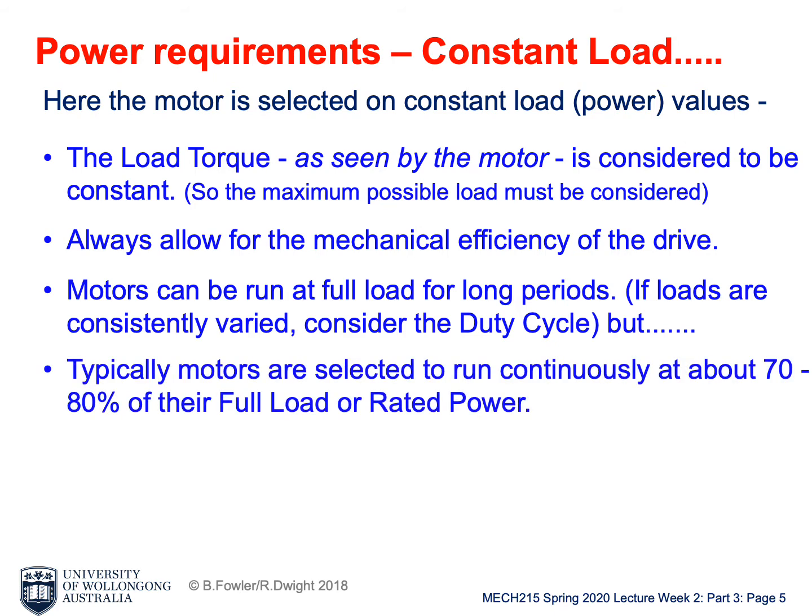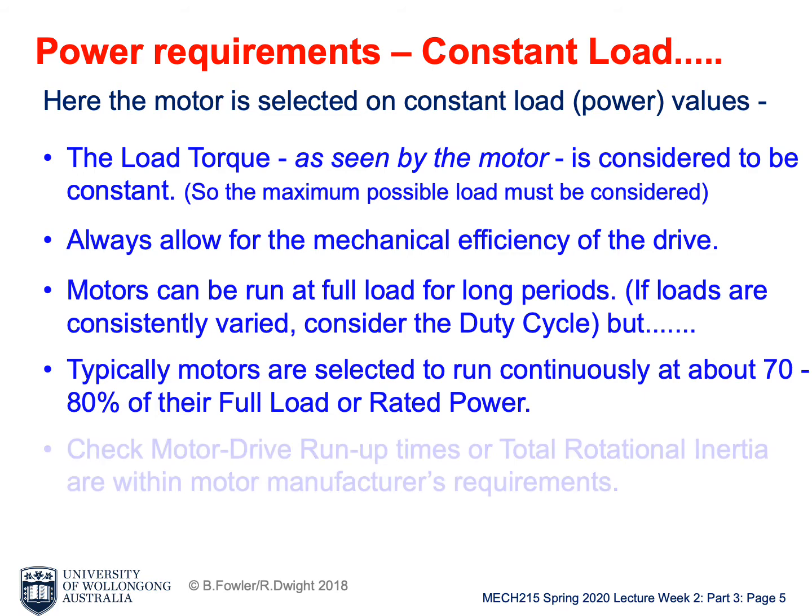So typically motors are selected to run continuously at around 70% to 80% of full load. We don't want to design a motor running at only 50%, or a motor running over 100%. A certain level of payload will make the motor run at its best efficiency.